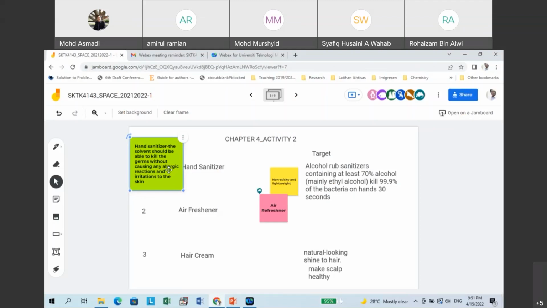You want to find the solvent that is able to kill the germs without causing any allergic reaction and irritation to the skin.